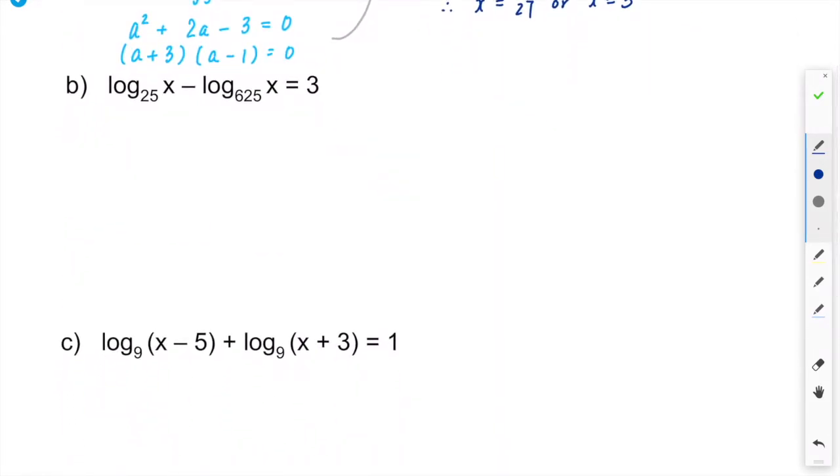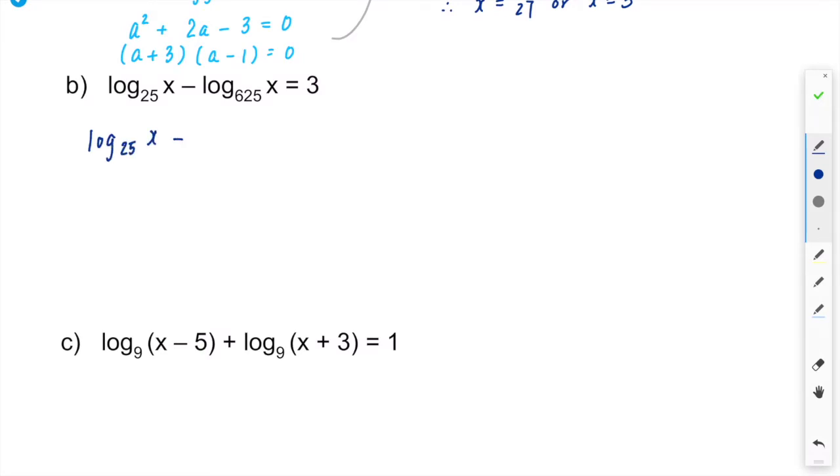Question B. Here we're subtracting logs, but these logs have different bases. So I can't just say, well, we can divide the x by the x, because they don't have the same base. Instead, I'm going to make use of the change of base formula.